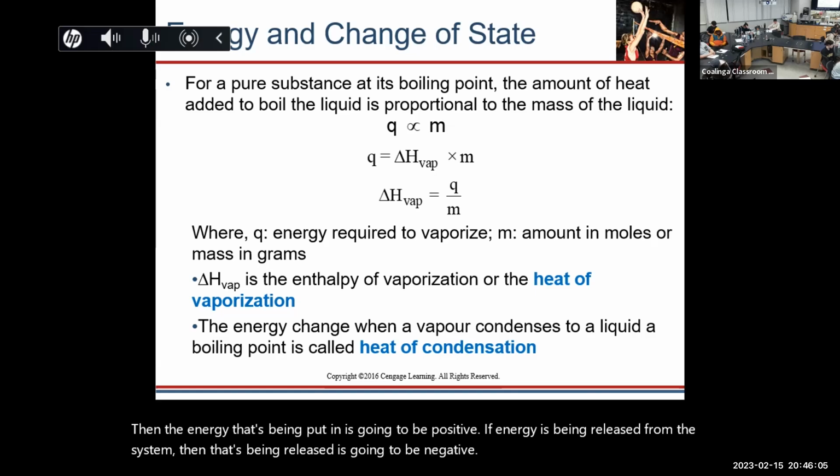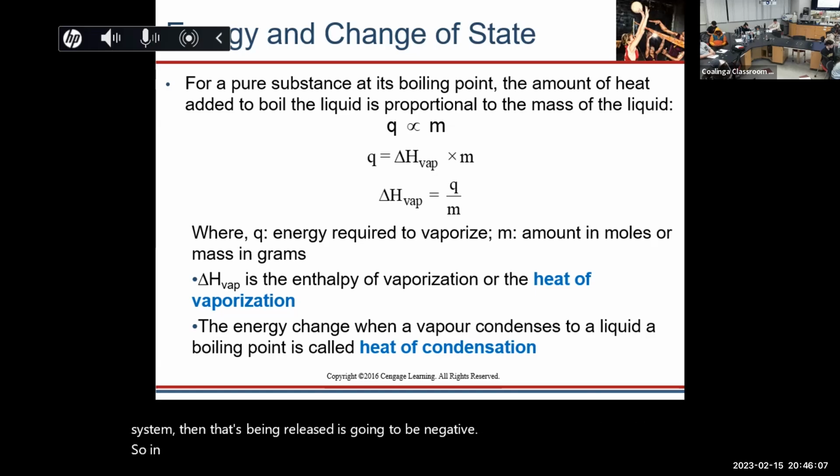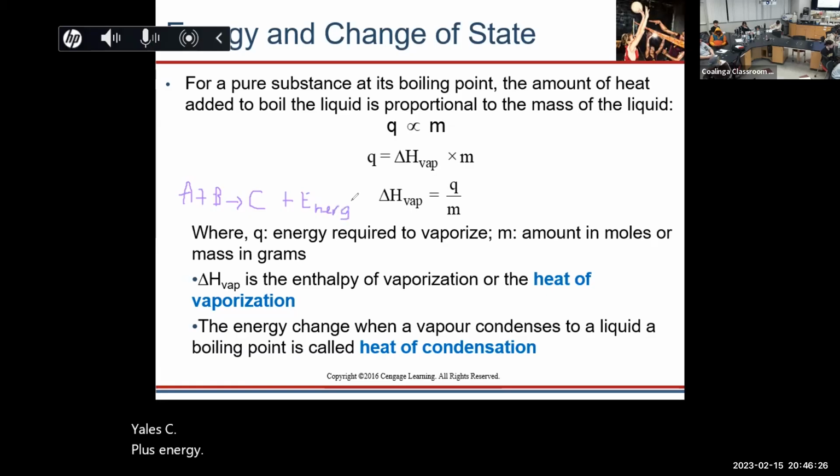Okay, so in other words, if we had our chemical equation A plus B yields C plus energy, if energy is on the product side of the equation, your energy is going to have a negative value.